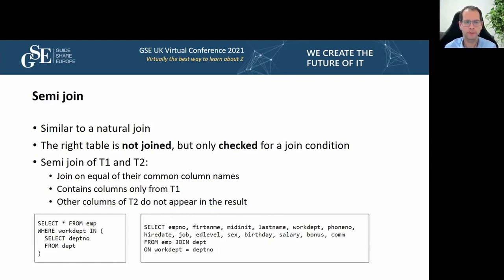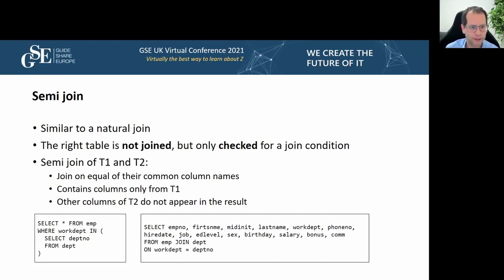Semi-join is kind of similar to the natural join, but in this case, tables are not joined, but just checked for a join condition. I would say maybe even more similar to an anti-join, but this is really not an anti-join, just a check of existence, right?